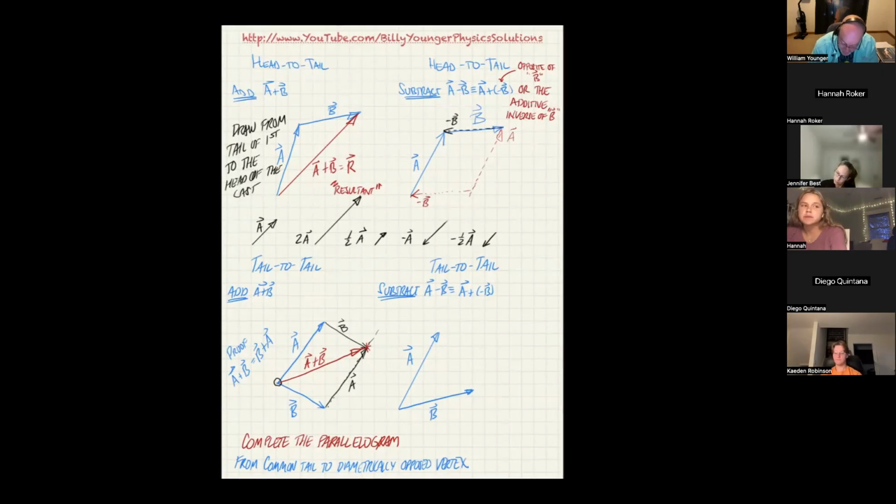Okay, so now I can do that with the red negative B and the blue A, and in fact my answer will be right there, and that is the vector A plus negative B, which is A minus B. Does that make sense to everyone?